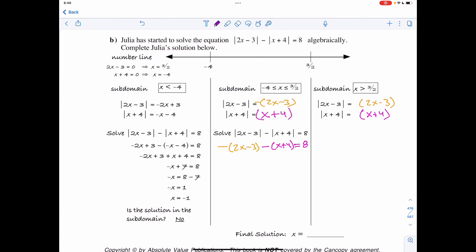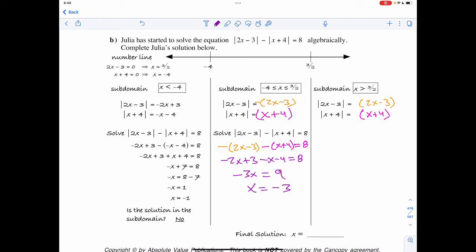So I'm going to wind up with negative 2x plus 3 minus x minus 4 is equal to 8. I combine my x's and I have negative 3x's. I'm going to move my constants to the other side by adding 4 and subtracting 3 to get 9. And x would equal negative 3.